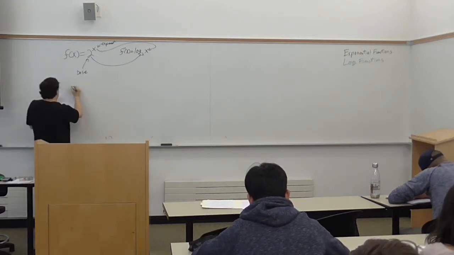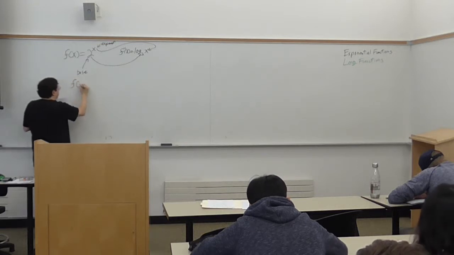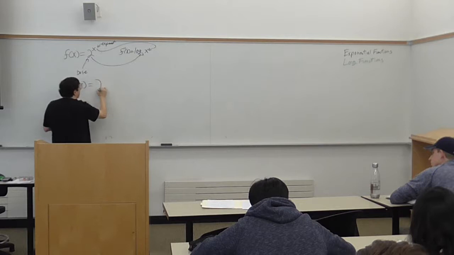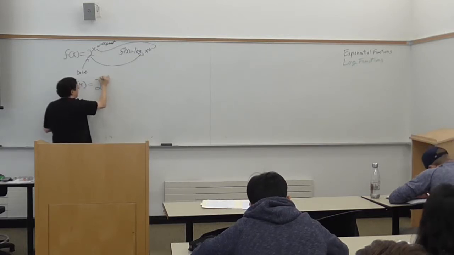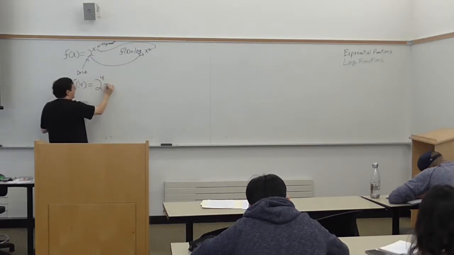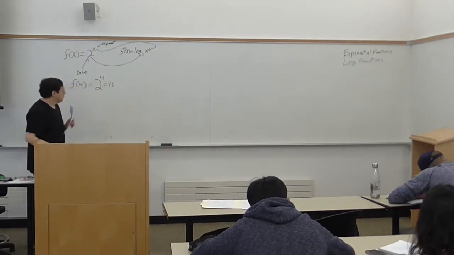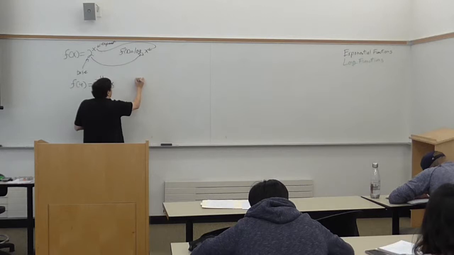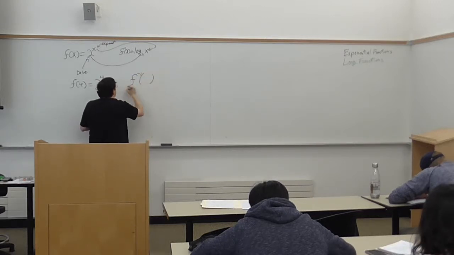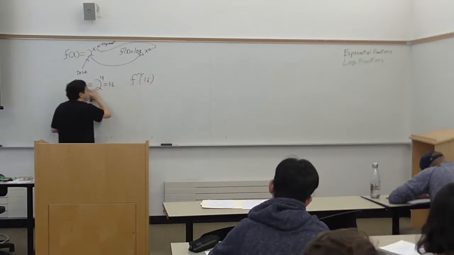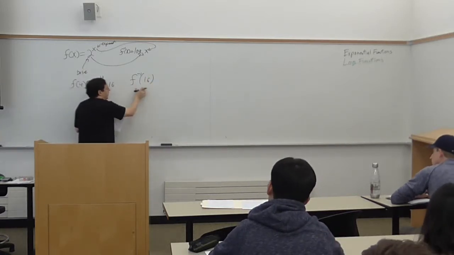I say f of 4, this is my function, that's just 2 to the 4, raised to the 4th power, which of course is 16. Now I'm going to look at my inverse function. My inverse function is going to take my 16, something in the range of this function, it's now the domain of this function.